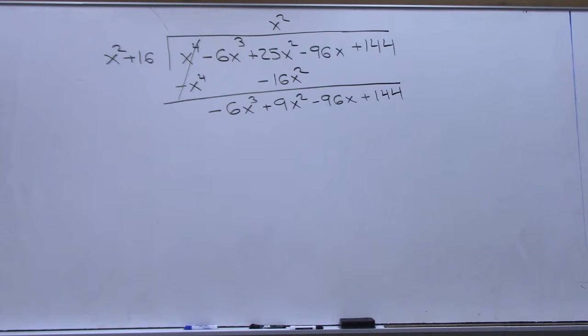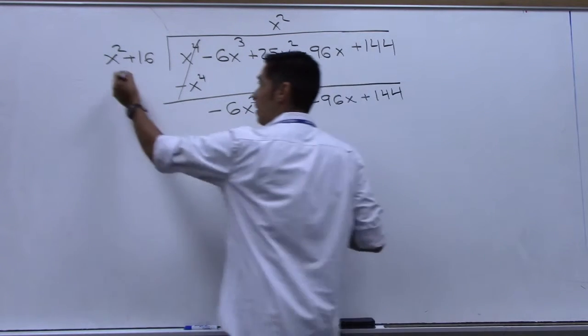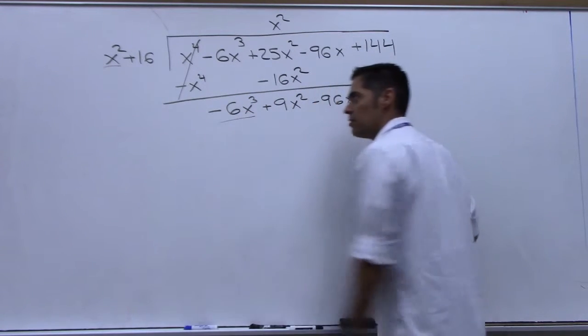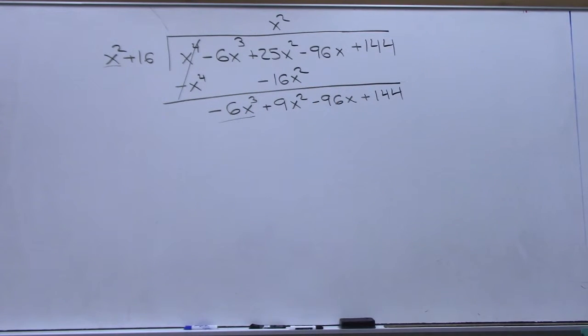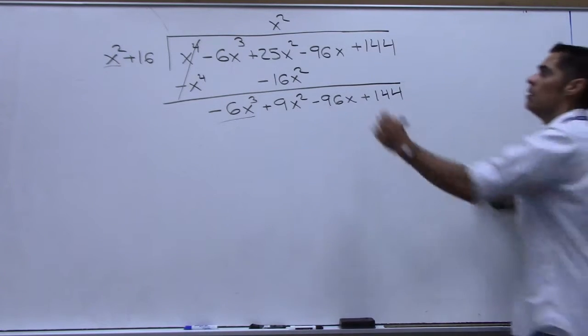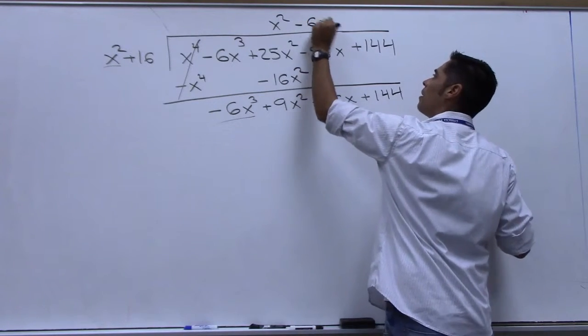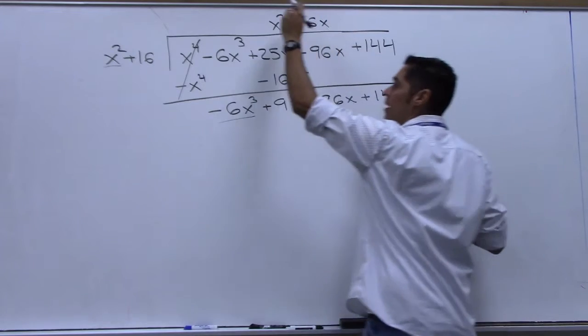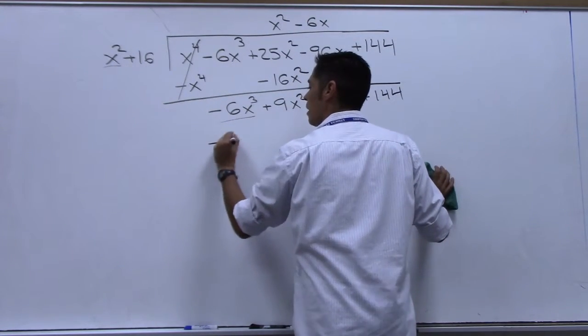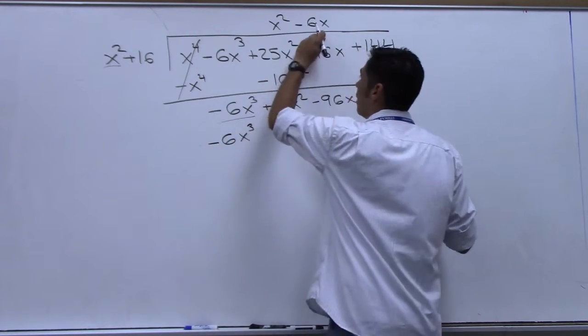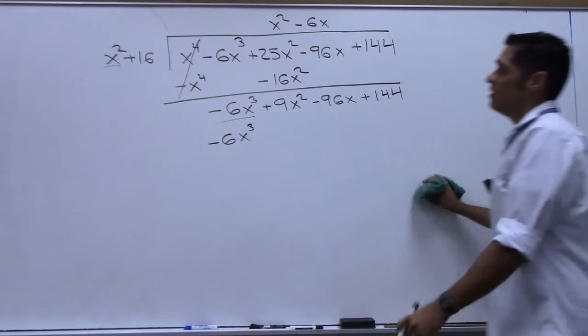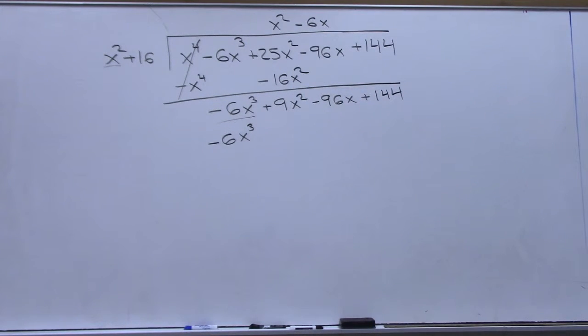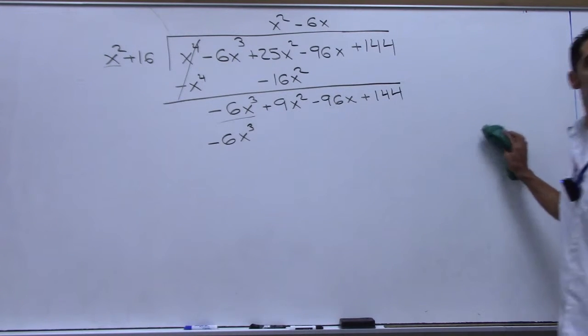Then you play the same game. And you say, what do I multiply x squared by to get negative 6x cubed? Negative 6x. So minus 6x. And then you multiply the negative 6x times this. Negative 6x cubed. Negative 6x times 16, negative 96x, right?